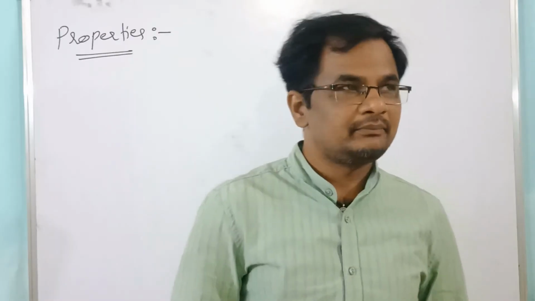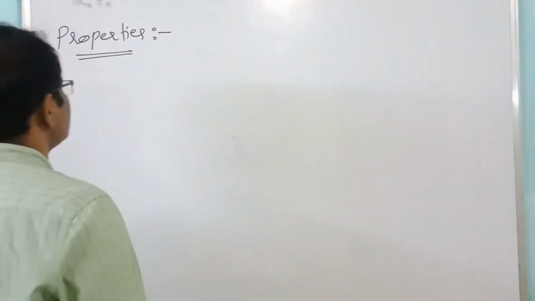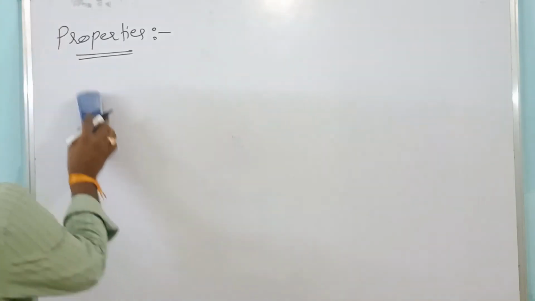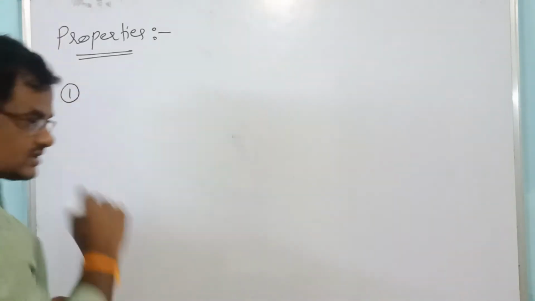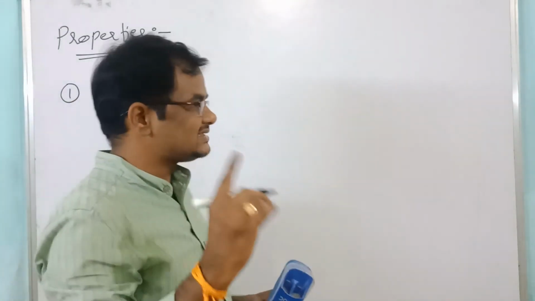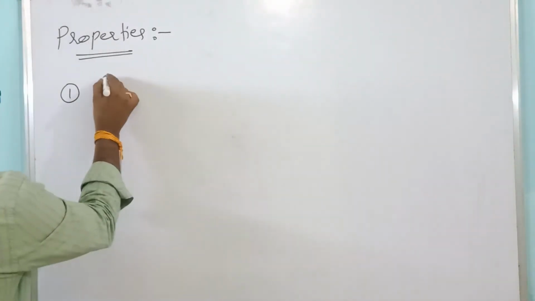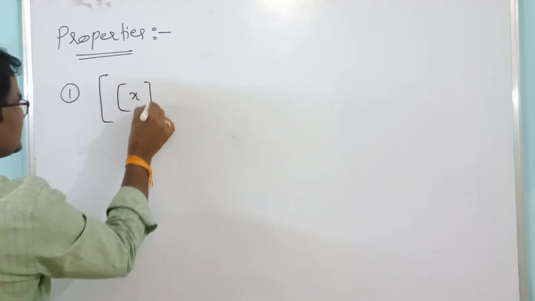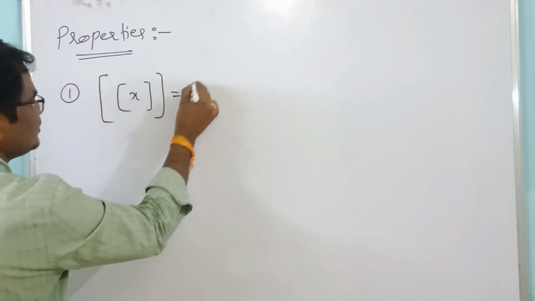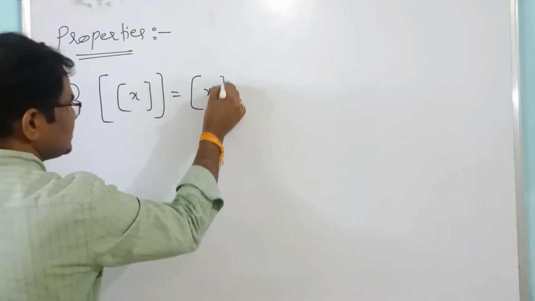Next, see the properties of the greatest integer function. In that, all these properties are most important. Listen carefully. First: greatest integer of the greatest integer of x equal to the greatest integer of x only.